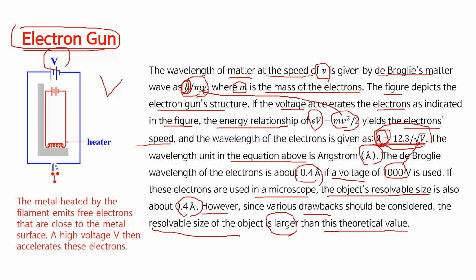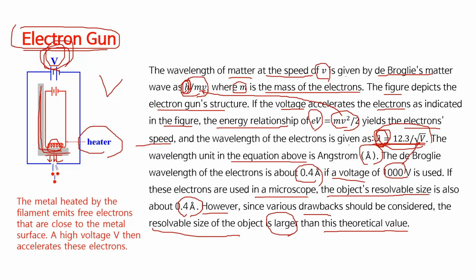In the electron gun, this is the heater, and this is metal. When the heater is on, due to the heat energy, the surface free electrons of the metal will come out, and these electrons are accelerated by this voltage.